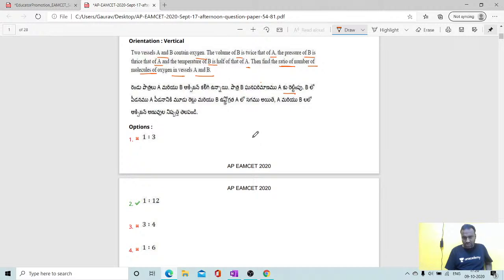Since you know the ideal gas equation PV is equal to nRT, PA VA upon PB VB is equal to NA by NB into TA upon TB.